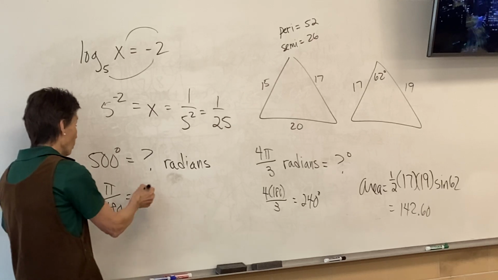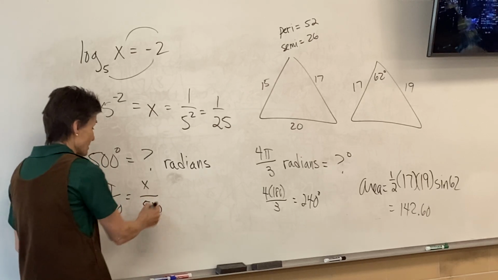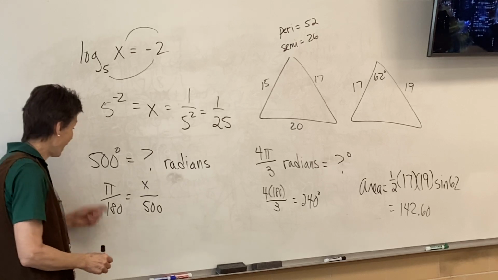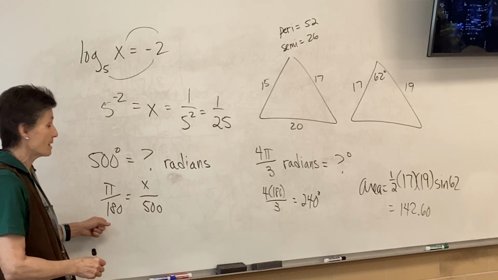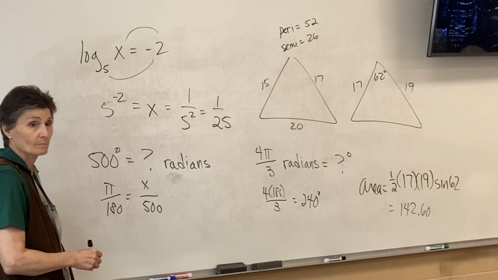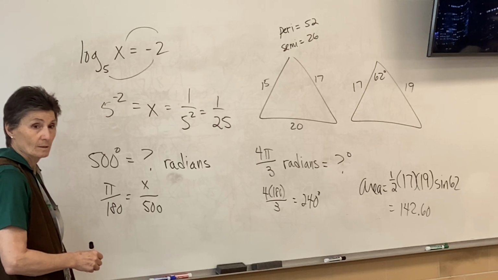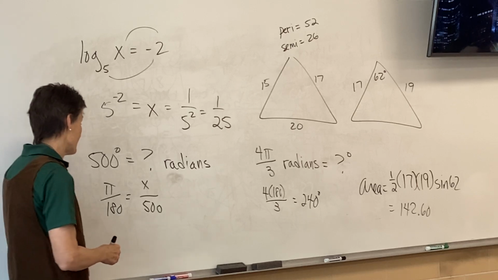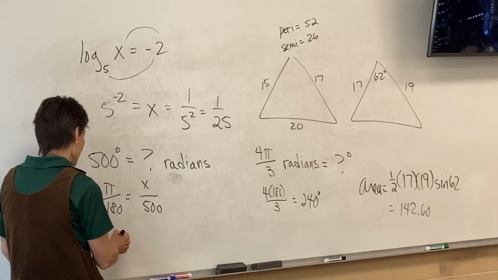Proportion. So what is 500? That's the question. If pi is 180 degrees, then what is 500 degrees? Okay? And then we'll cross multiply.